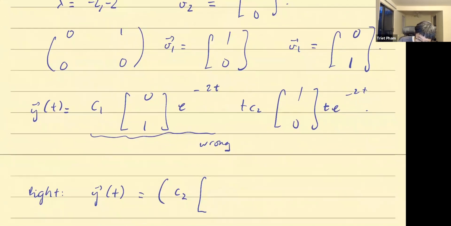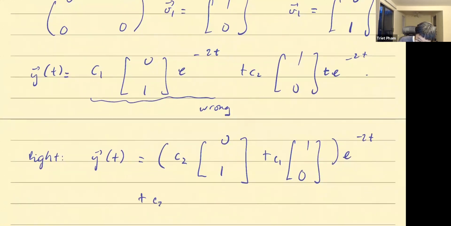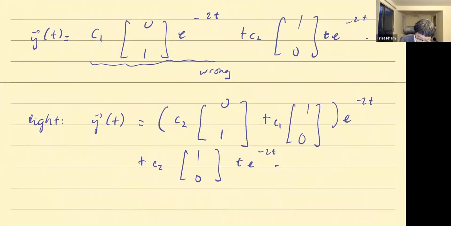So the right solution would be C2 times (0, 1) plus C1 times (1, 0) times e to the minus 2t, plus C2 times (1, 0) t e to the minus 2t. Okay, this is the right one. And I want to explain why, since similar mistakes happen for other examples.